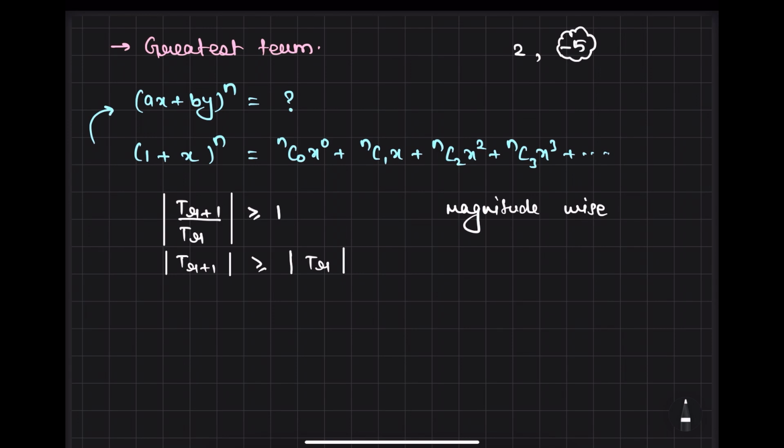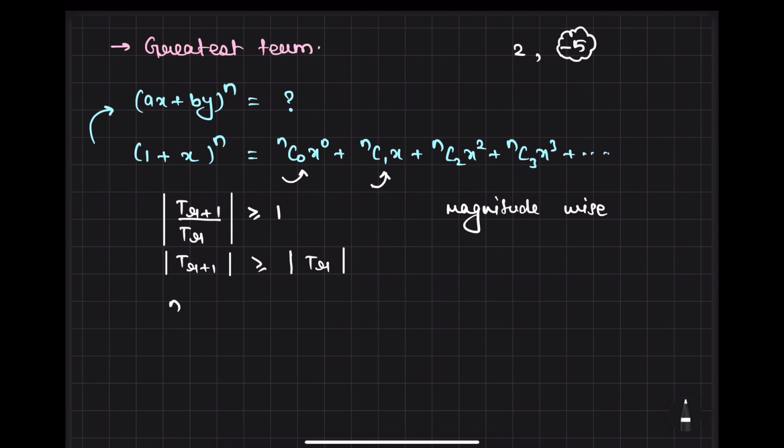Now let's apply that expansion. This is term 1, so for term 1 the lower subscript of C is 0. For term 2 the lower subscript is 1, and we are interested in finding term T(r+1), so the lower subscript will be r.